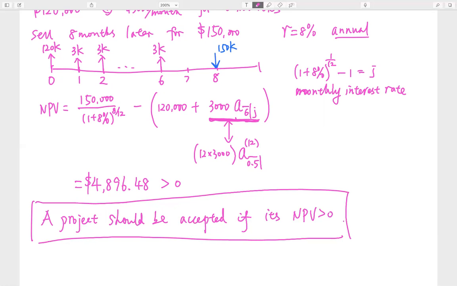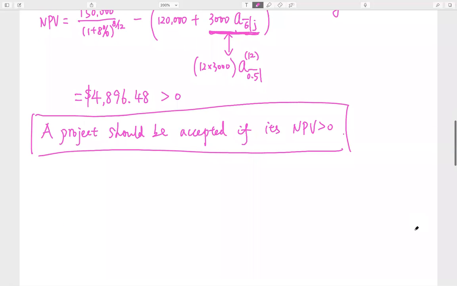That is just our rule, but of course in reality, projects come with risk, right? If NPV is too close to zero, probably it's not a good idea to take. In particular, you should consider how much money you invest, right? So in reality, there are many other factors, right?